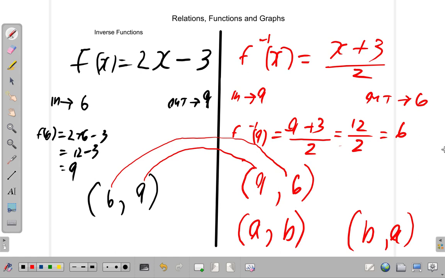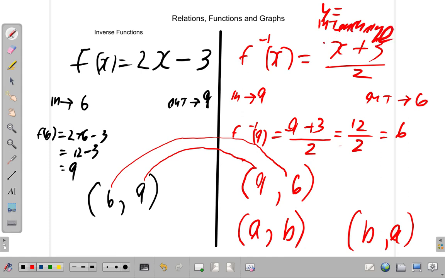Good. But remember, very important for you to remember the steps that you take. Go back and remember those steps. You write as y equals. You interchange x and y.